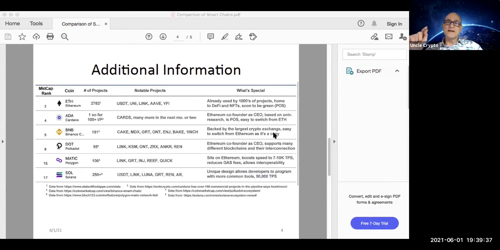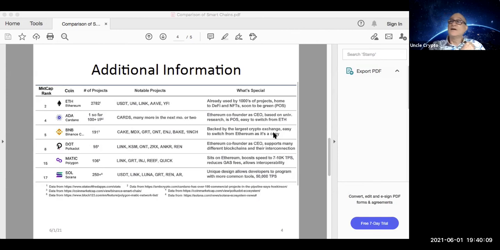MATIC's on this list because MATIC has the capability of letting other blockchains use the MATIC layer two chain, the same way that other layer one chains like Polkadot or Ether or Binance work and allow other coins to go on them. MATIC allows other coins to go on its chain. So it's kind of like a super layer two. And that's why it's on the list.